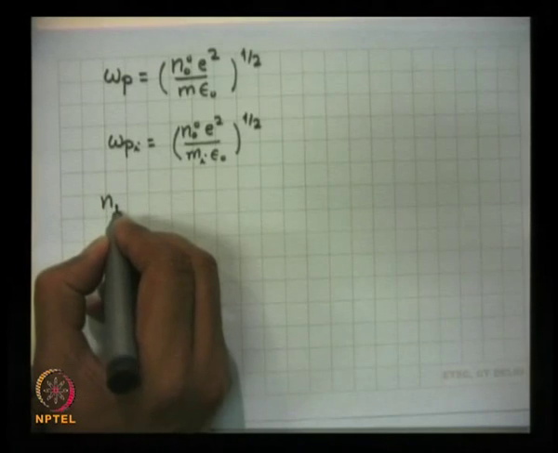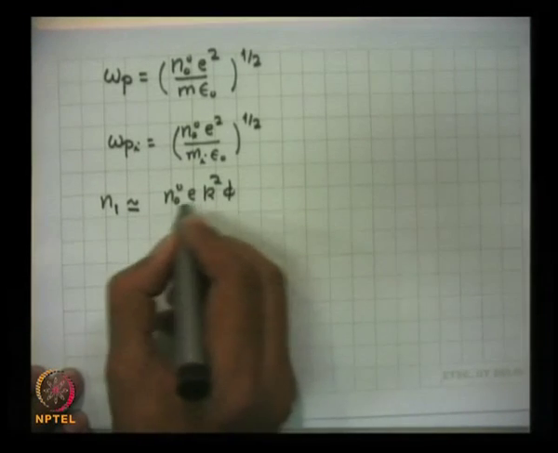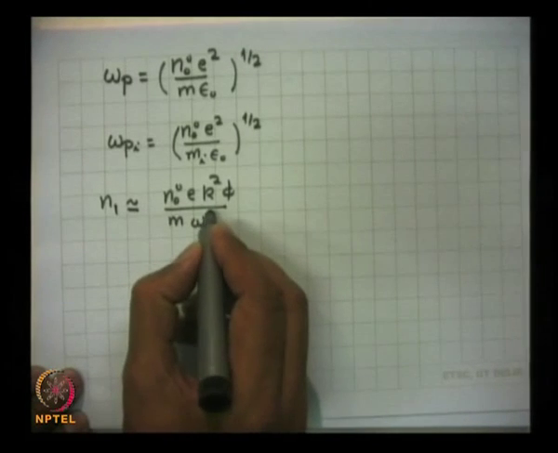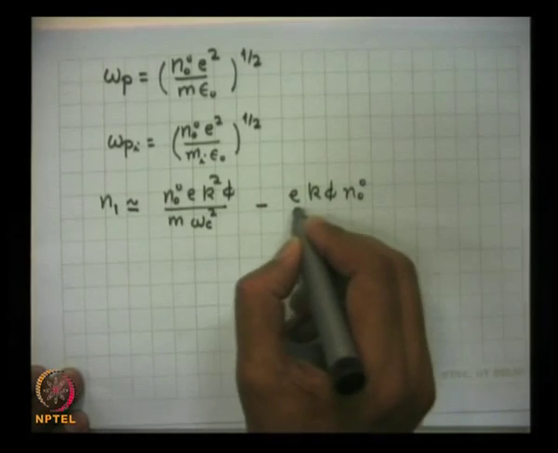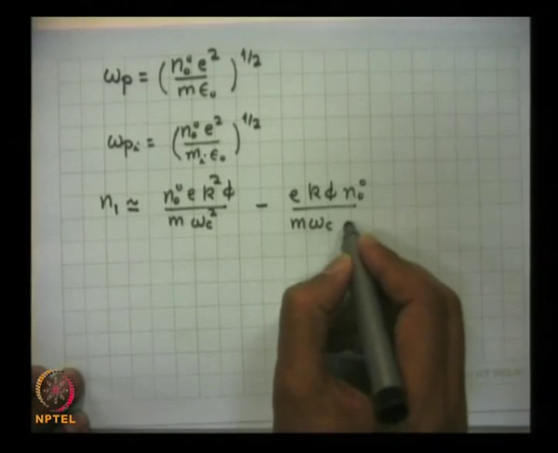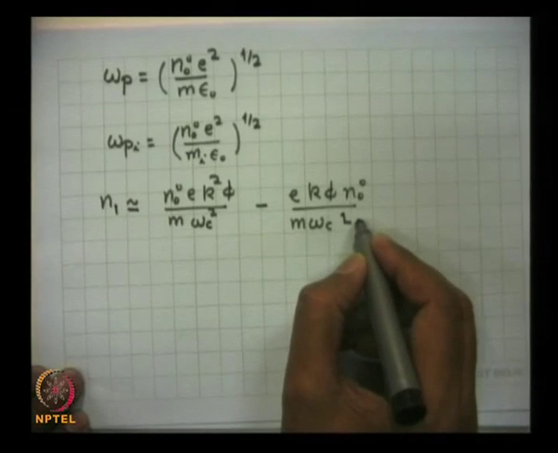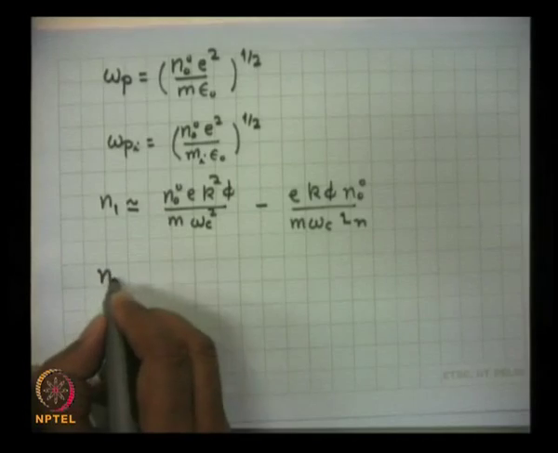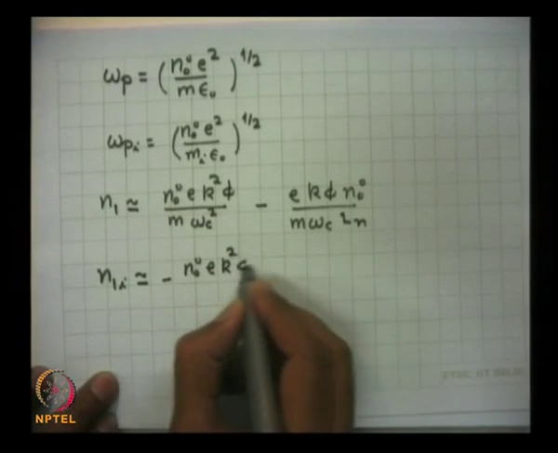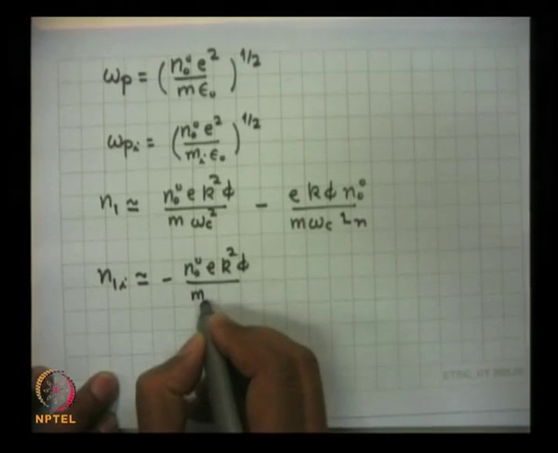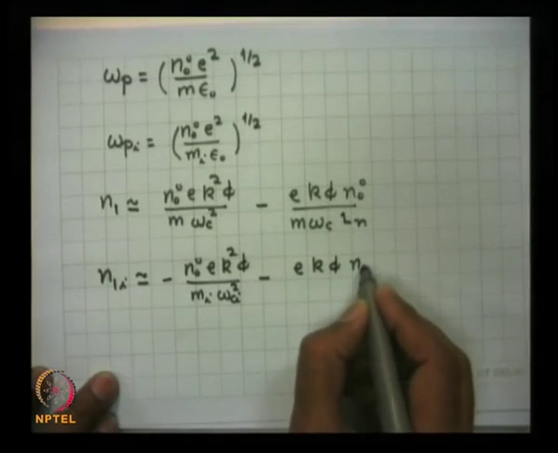N1 is nearly equal to N00 e k squared phi upon m omega c squared, minus e k phi N00 upon m omega c, Ln, the density scale length, and N1I is equal to minus N00 e k squared phi upon mi omega ci squared, minus e k phi N00.